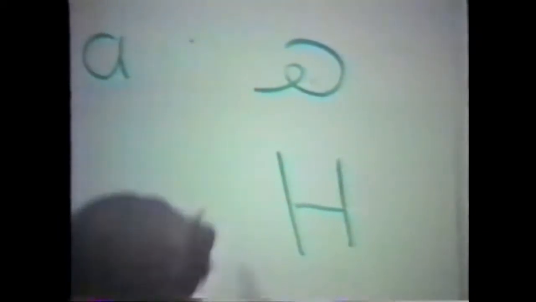The next letter is, you have to watch how I write this one. It looks like this. This is the letter Ha. It's equivalent to the English H. The next letter is Wow. I'm not admiring anything, it's just that's the name of the letter.